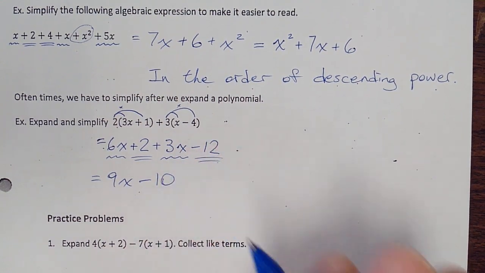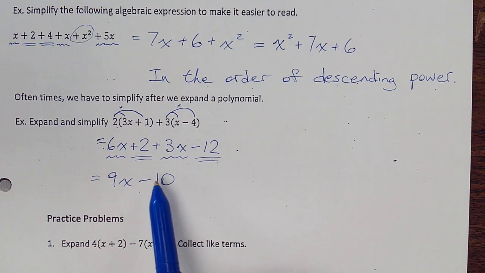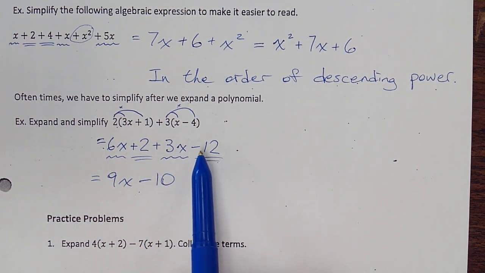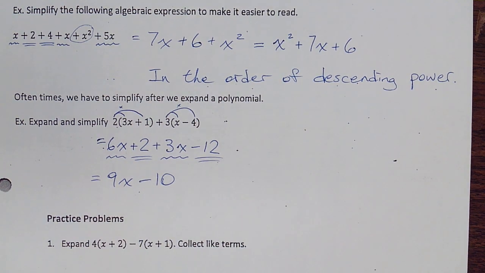Yes, minus 10. So I don't need the plus negative 10, just 1 sign. If it's negative, then it's a minus in between them. Can I simplify this any further? Harry, what do you think? Can I combine these two any further? No. Why not?